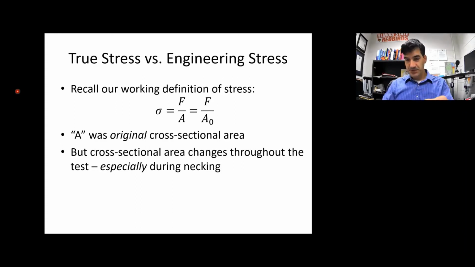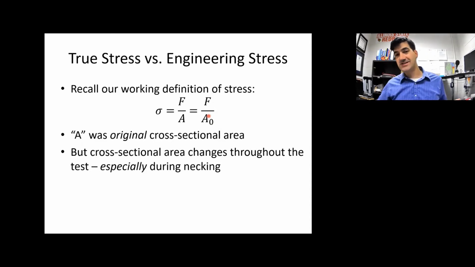The simpler way that we are going to do it in this class, and that is more commonly used, is called engineering stress. And the engineering stress is this one right here. It's the force applied at that point in the test divided by the original cross-sectional area. So A sub 0 or A sub naught means the original cross-sectional area.